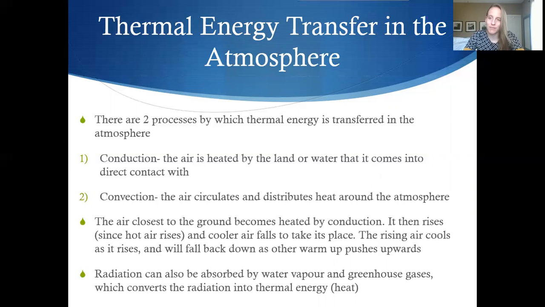So what will happen is that the air closest to Earth's surface heats up first because of conduction, and then convection will cause that heated air that's closest to the ground to rise because hot air is less dense. Cooler air will fall down to take its place, and then that cool air also warms up because of its contact with the ground, and so that air will also rise.